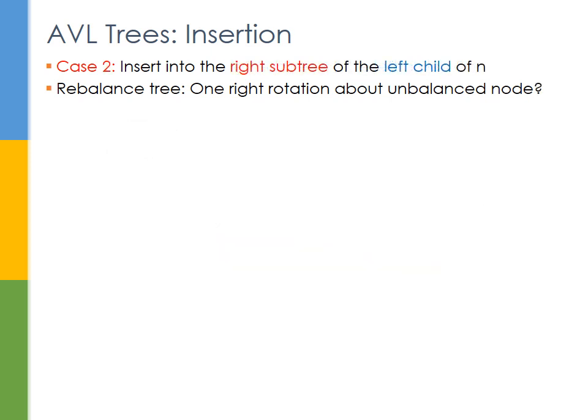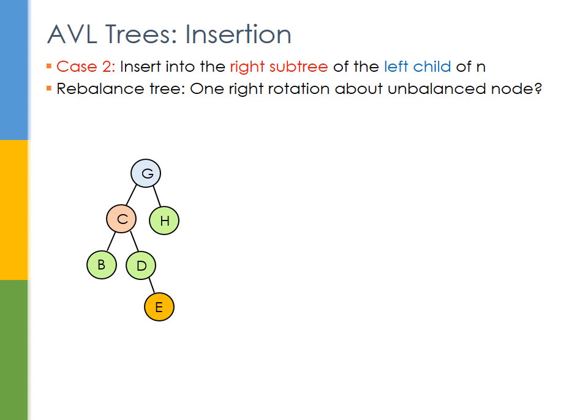So let's now consider case 2, in which we insert into the right subtree of the left child of node N, which has become unbalanced. So this is such a situation. We have our initial AVL tree over here, which is balanced, and now we are inserting node E. If we look at how our balance factors update, we see that the new node that we've inserted has a balance factor of 0.